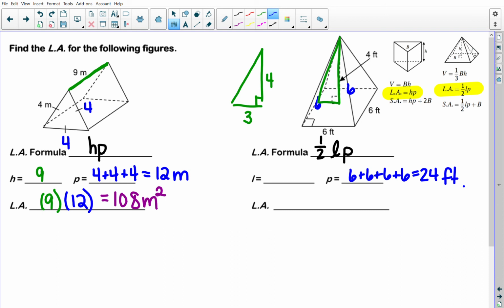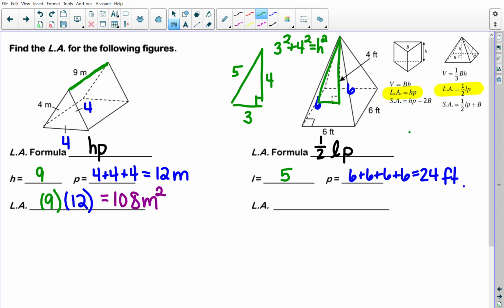And then if I'm very good with my Pythagorean triples, I would know that this is a 3, 4, 5. However, if I was not so good at those, I could find the height by doing the Pythagorean theorem. I could say that 3 squared plus 4 squared equals h squared. And if I worked all of that out, I would find that the slant height is 5.